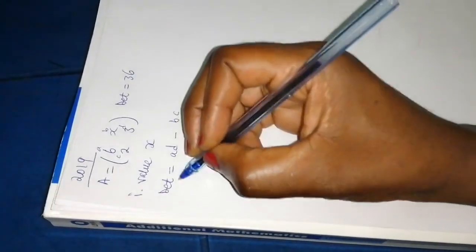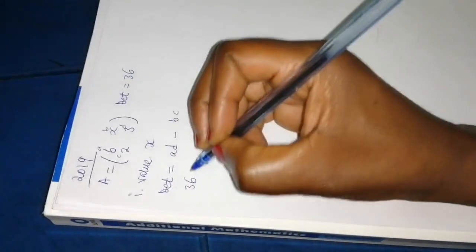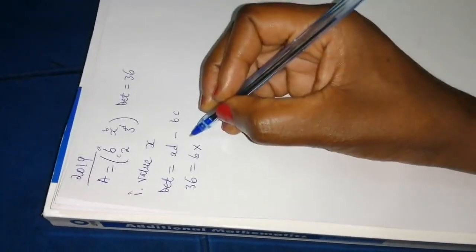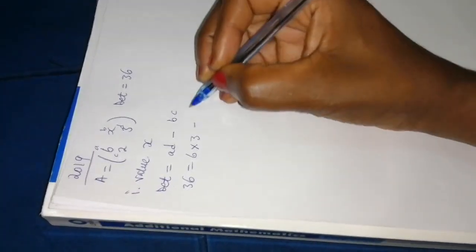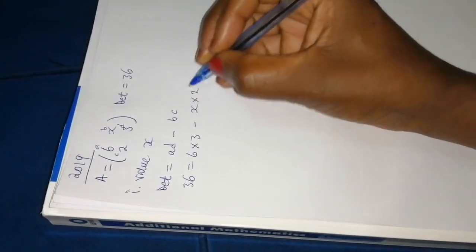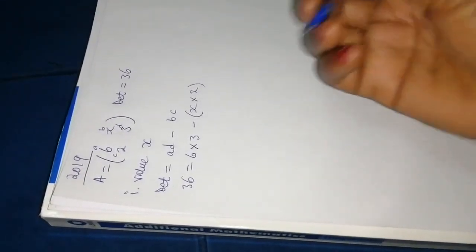Okay, so the determinant is 36 because A is 6 times D, which is 3, minus B, which is x, times C, which is 2.